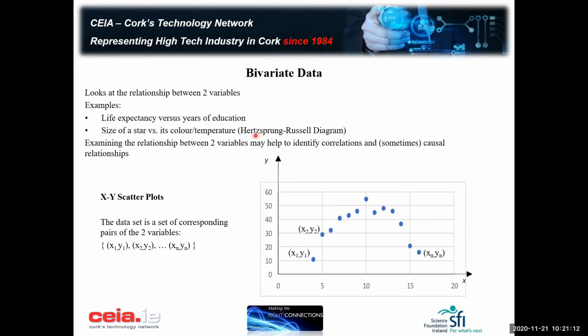So we represent these graphically using XY scatter plots, where one of the variables is plotted as X and the other is Y. Each pair of corresponding values appears as a point on the XY plane, on the scatter plot.